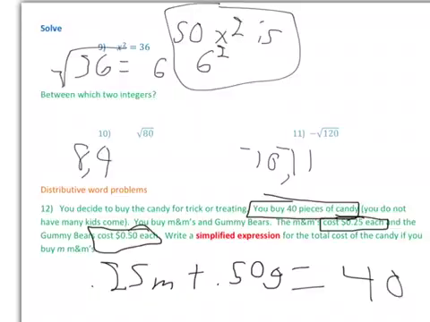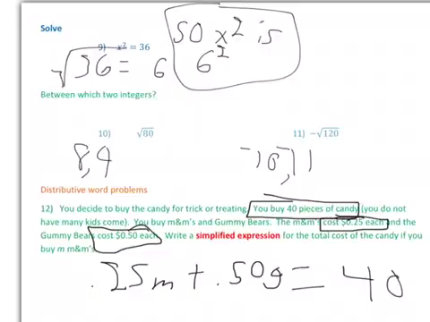For 9, the problem is x squared equals 36. And I know that 6 times 6 equals 36, so x is 6. For 10, the problem is the square root of 80, and we're trying to find what two integers it is between.